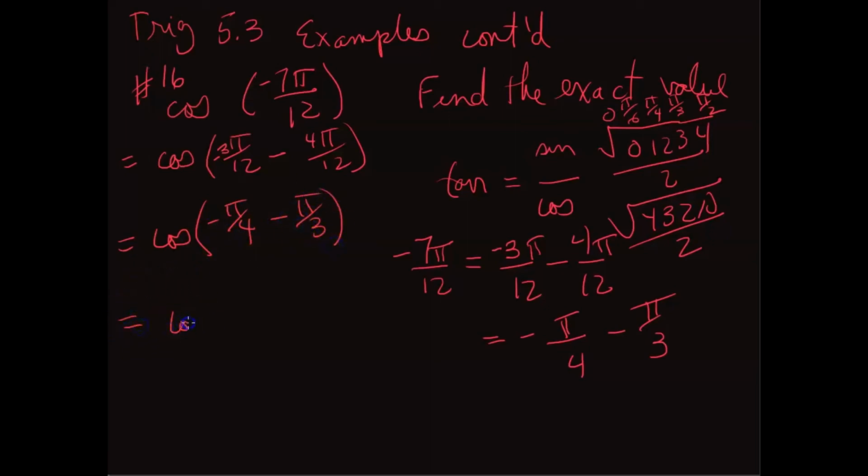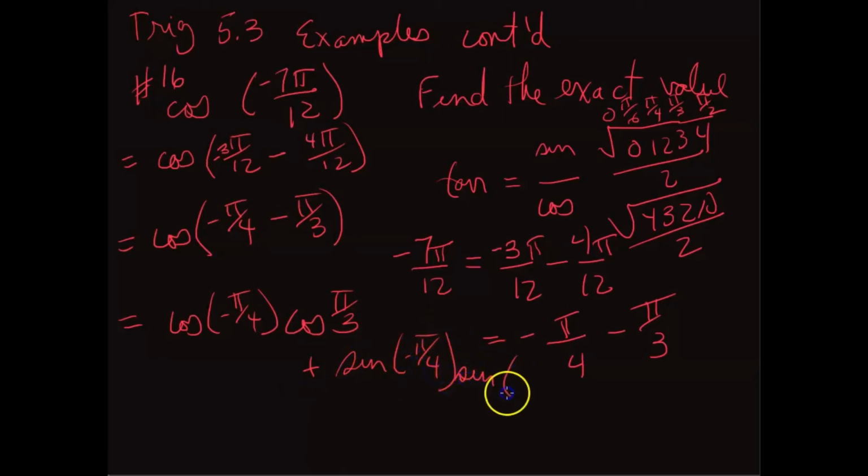So this is the cosine of a negative pi over 4, cosine pi over 3. And if that's subtraction, then we have addition. The sine of a negative pi over 4 and the sine of pi over 3. So this is going to keep this separated.